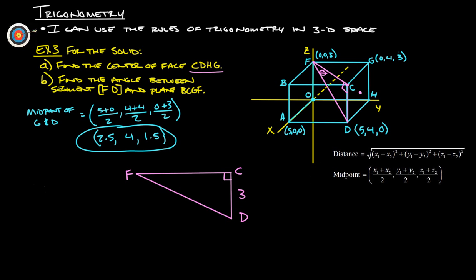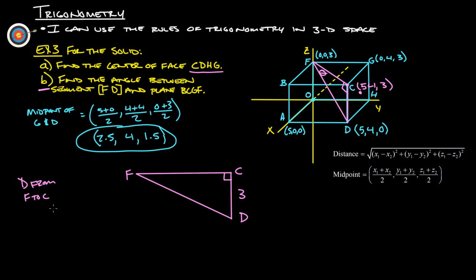We're going to find the distance from F to C. F is at 0, 0, 3, and for C we don't have those coordinates yet, so let's write those down. That is out 5, over 4, and up 3. So that's 5, 4, 3, and this is 0, 0, 3.